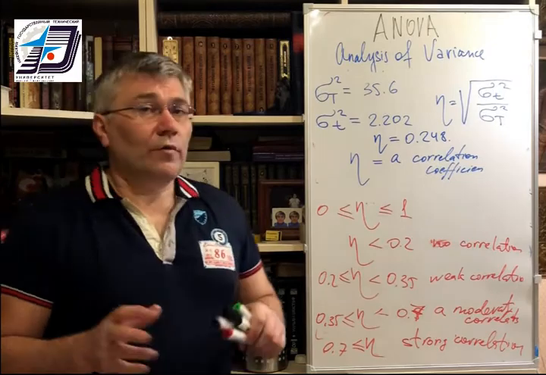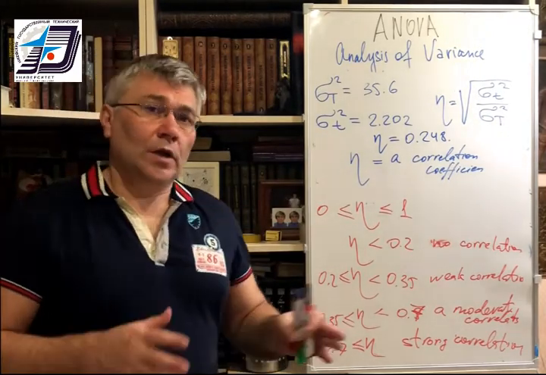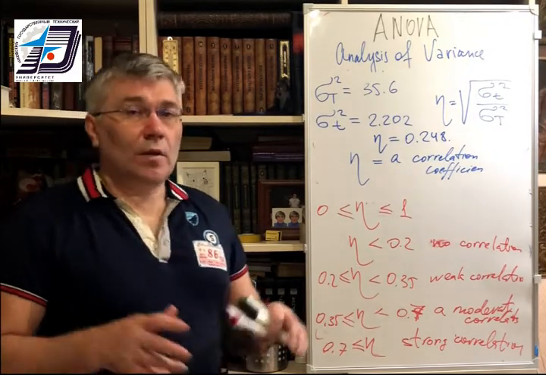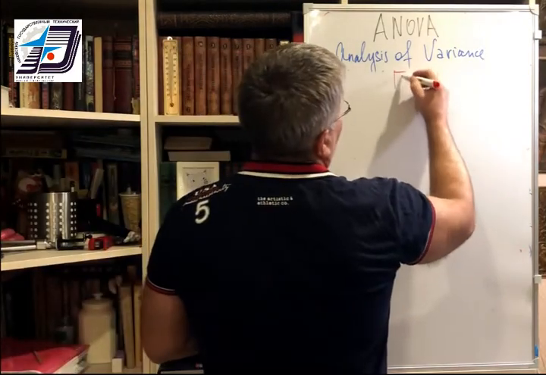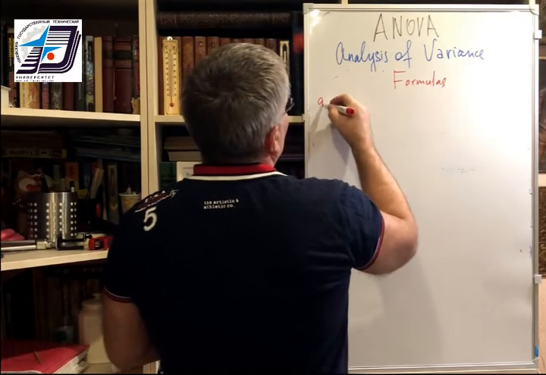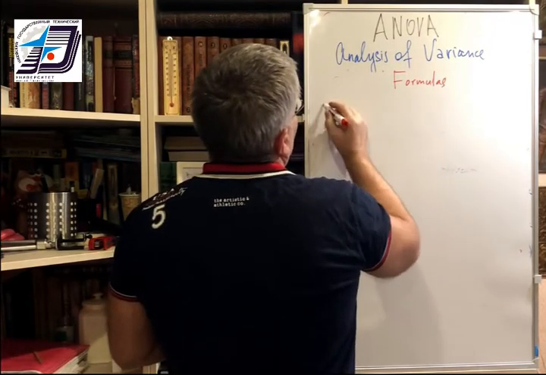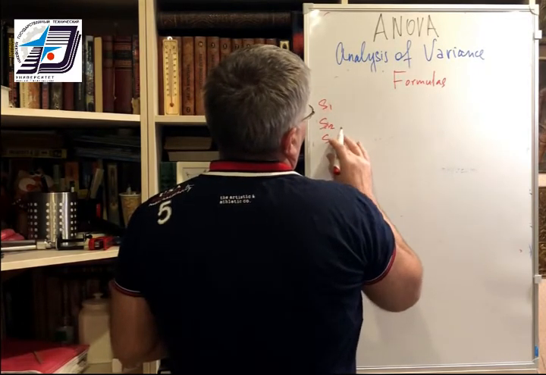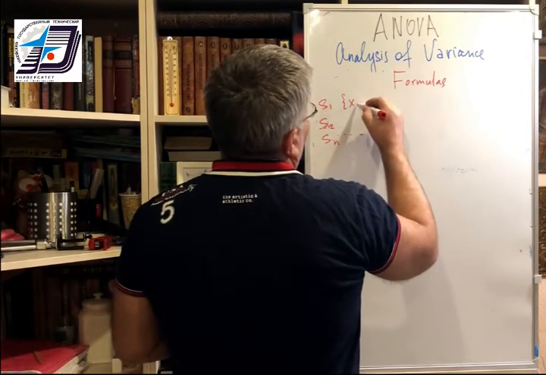As a bottom line of this part, I'll give you all the formulas to work on ANOVA, and I want to make some conclusions. For example, you have a set of groups, a set of samples: sample 1, sample 2, sample 3, and I don't know how many. You have some numbers here.